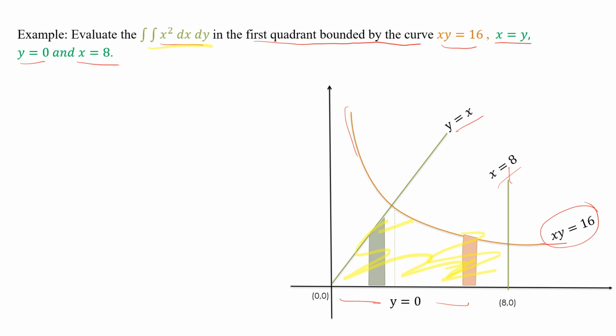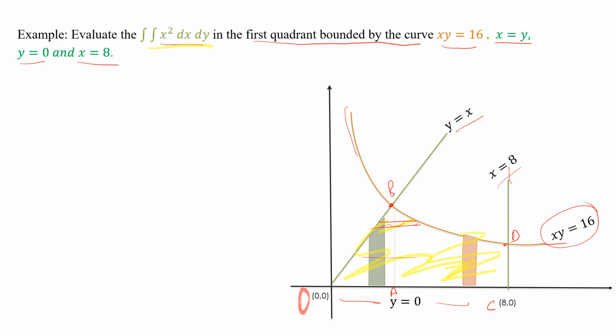We label the points O, A, B, C and D. If you do not divide the region into two parts, you cannot take a single strip, because when you take the strip and it expands, after that point it changes.